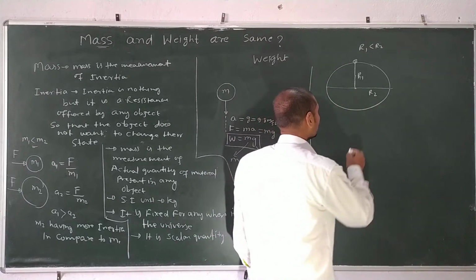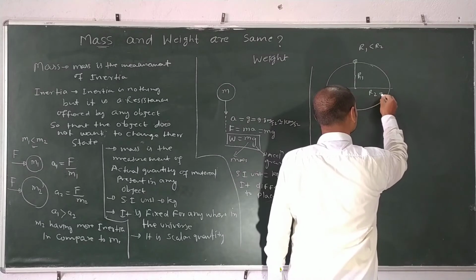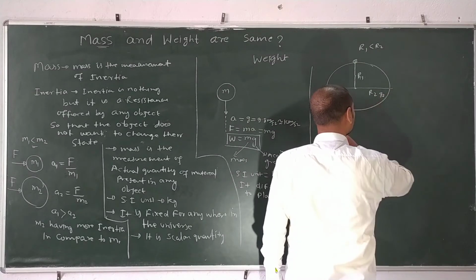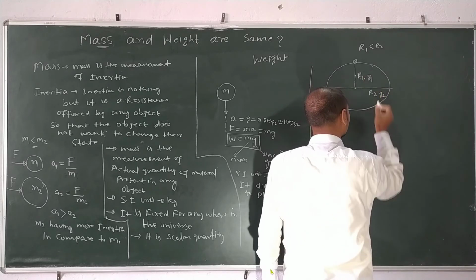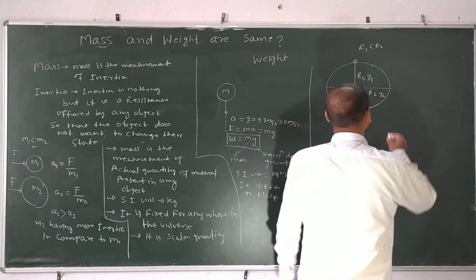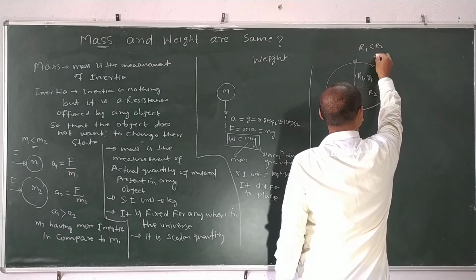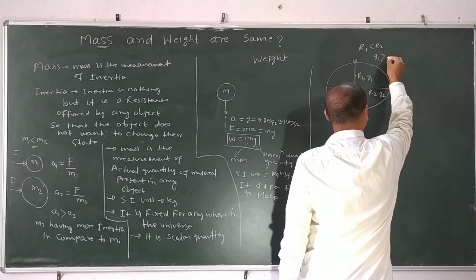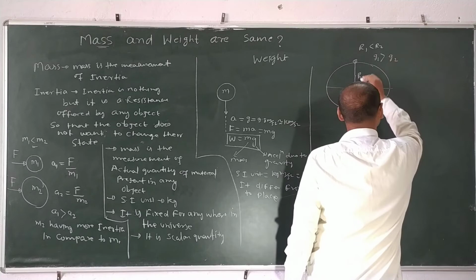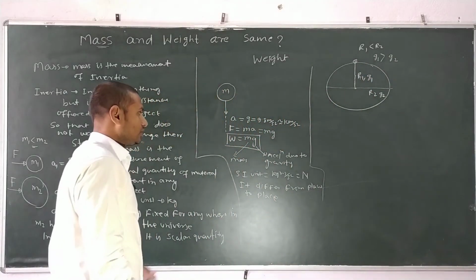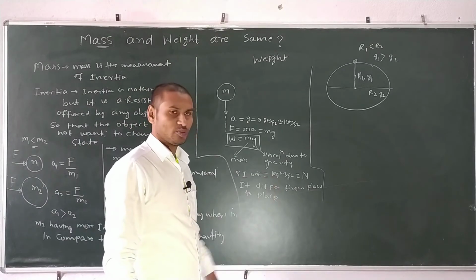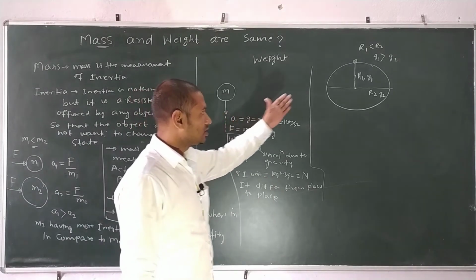So we can say that here the acceleration due to gravity is g2 and here the acceleration due to gravity is g1. So g1 is greater than g2 because the distance between the two objects is less. So it differs from place to place.